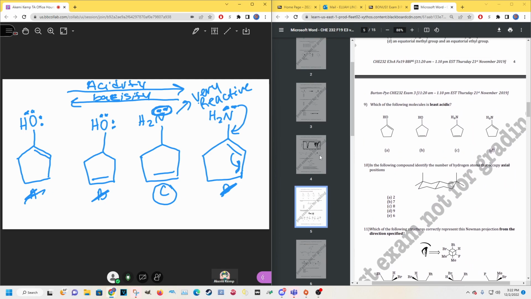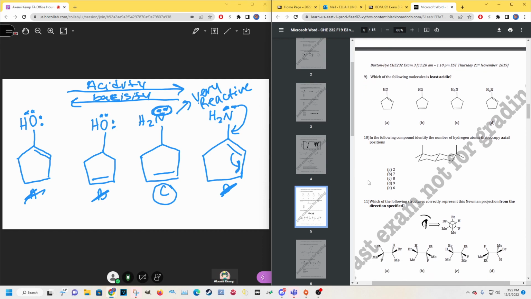Okay. So could I ask, if I originally saw this question, because I feel like I have a different point of view on this. It says least acidic. I would just cross out the oxygens, right? So I have C and D, and according to what you said, this is what I'm going to remember in my mind for the exam: if it can't resonate, then it has less acidity. That's what you're saying with the double bond. Right, that's right.